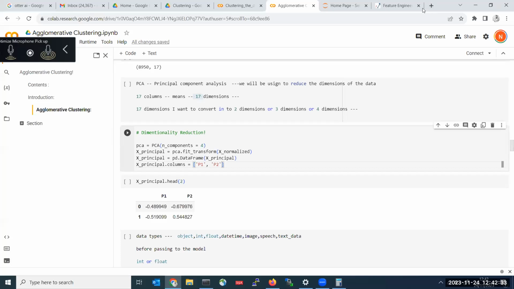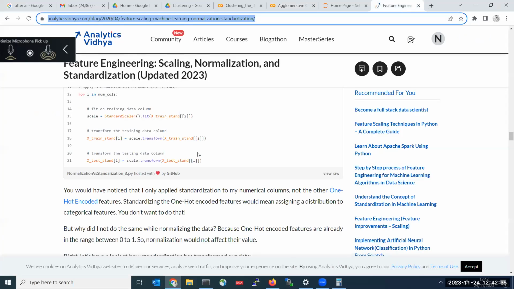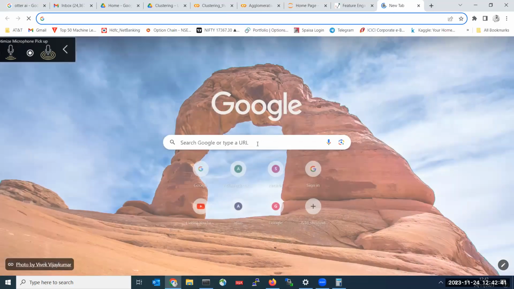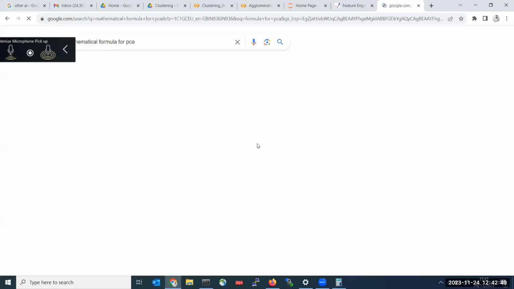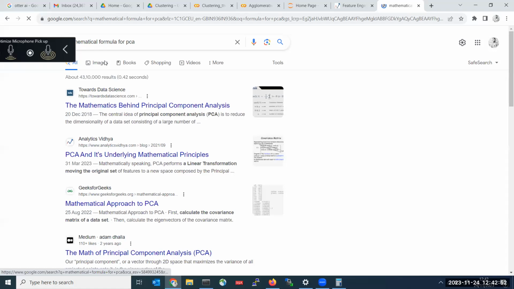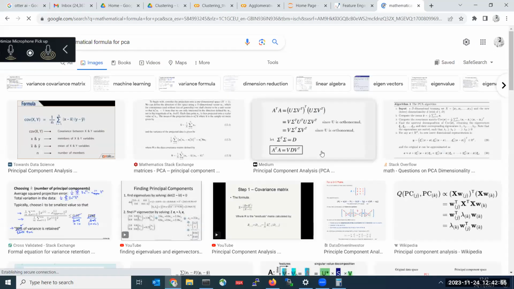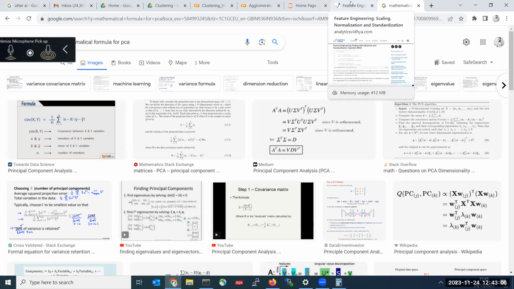Let us see the formula for principal component analysis. We do have formulas for standardization and normalization, right? In the same way, we have a formula for PCA also. Everywhere in machine learning there are formulas, but it's better to understand the working nature of that concept, what is the use of PCA and why we are using it.